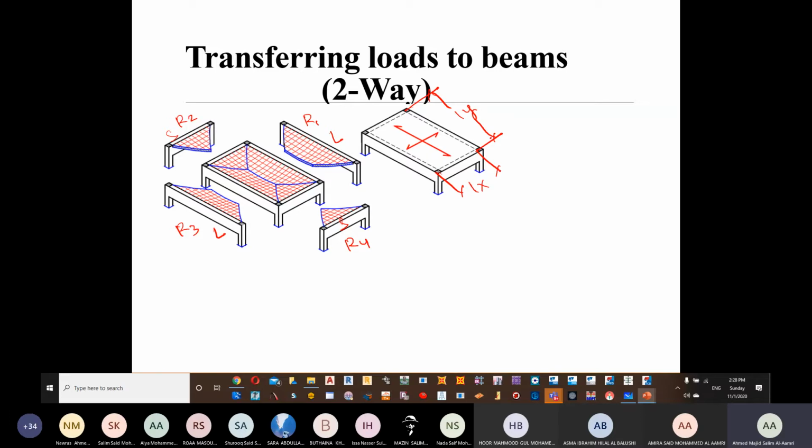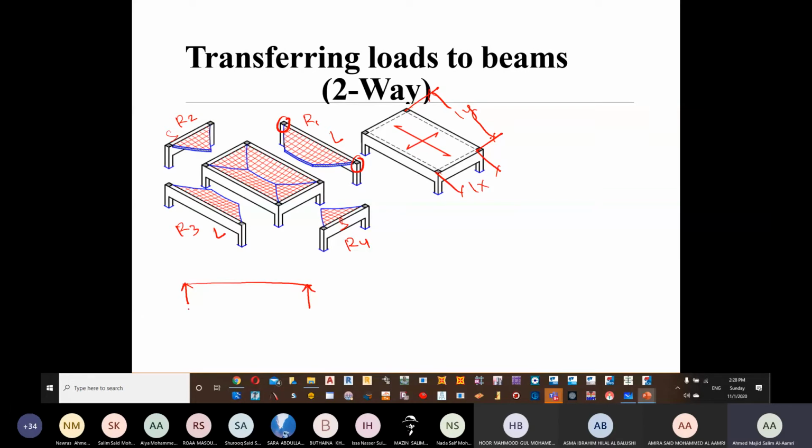Now, if we try to analyze the long beam, this is my long beam. The long beam is supported by a column here and another column here, so I can draw a support here and another support here. After we finish putting the supports, I need to know the loading.